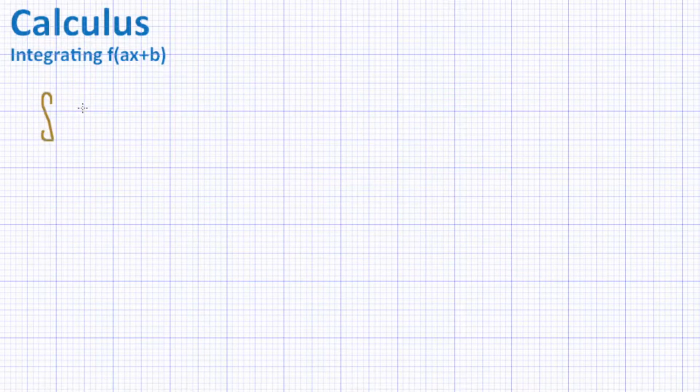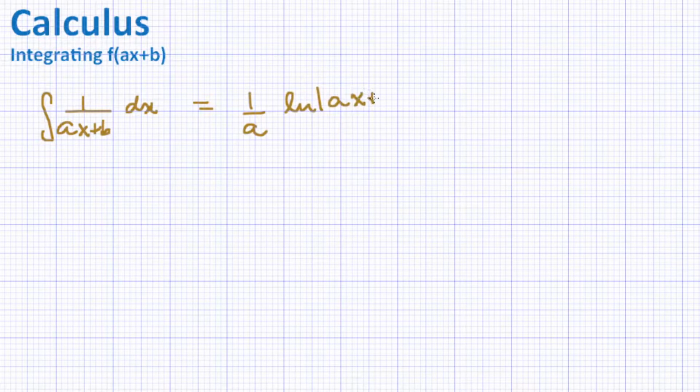Now, not surprisingly, if you take the integral of 1 over ax plus b dx, 1 over x would be the natural logarithm of the absolute value of x. In this case, if you had to guess, you would be right. It's going to be a 1 over a, and then the rest is the same, natural logarithm. Here instead of x, you will input your composite function.